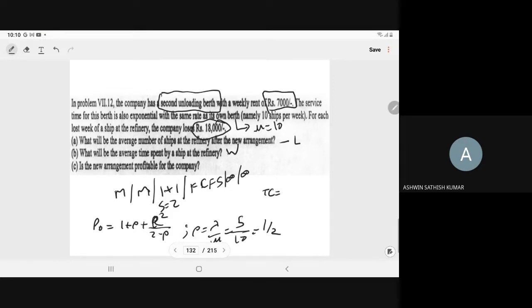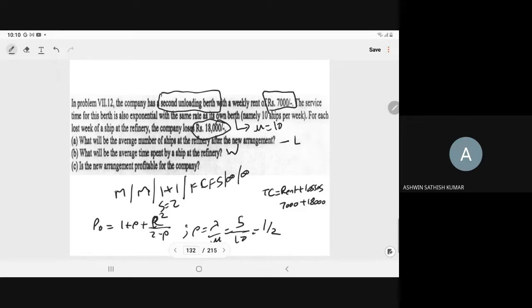Total cost will be the rent plus losses. So loss is given to you, 18,000, and rent is 7,000 for one additional unloading berth. And this 18,000 is given to you per week per ship.